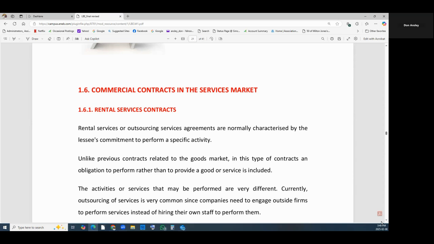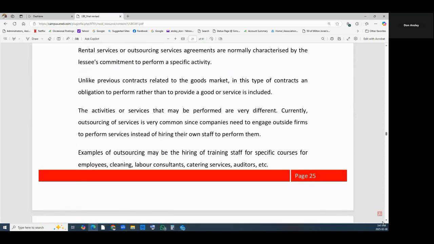Currently, outsourcing of a service is very common since companies need to engage outside firms to perform services instead of hiring their own staff to perform it. Examples of outsourcing may be the hiring of training staff for specific courses for the employees, cleaning, labor, consultants, catering services, or auditors.